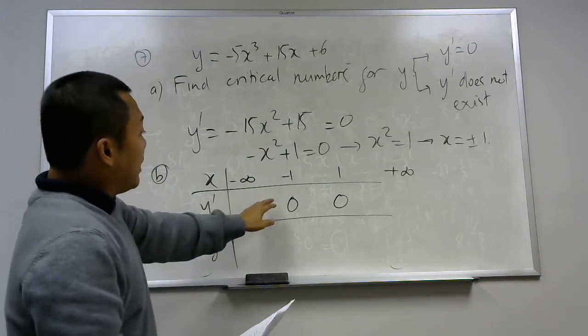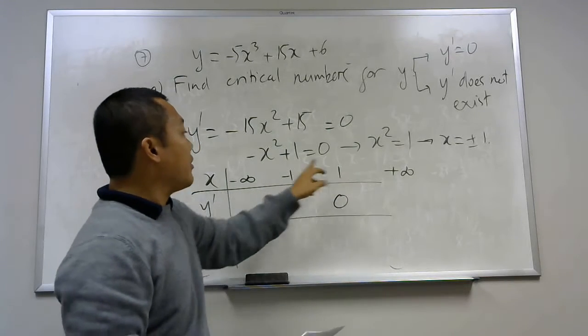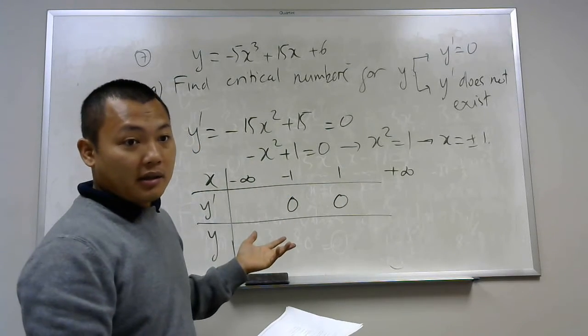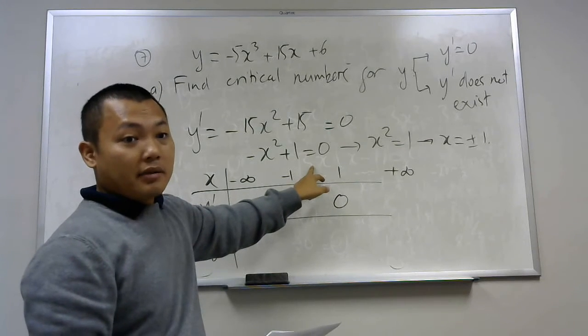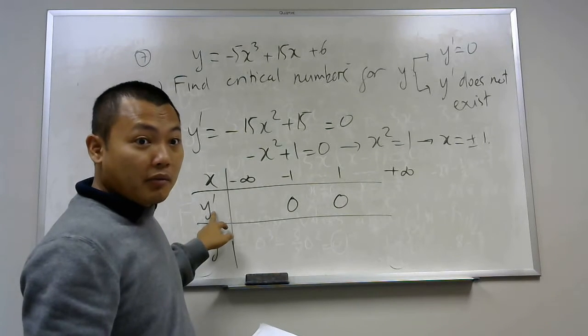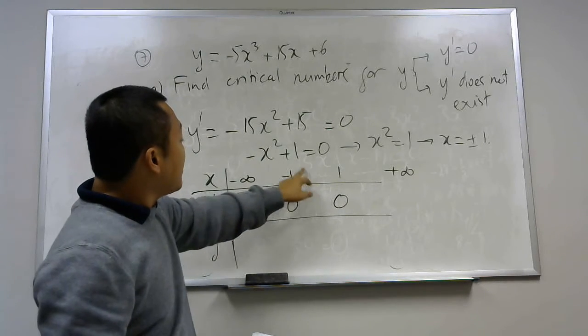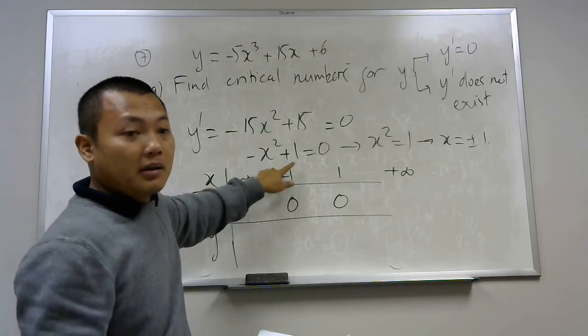So let's do that. I will pick one point from here, one from here, one from here, just to test the sign of the first derivative. Between negative 1 and 1, I can pick 0. And I plug 0 into the derivative because we are working with the derivative. I plug 0 into this, I get 0 plus 1, which is 1, positive.